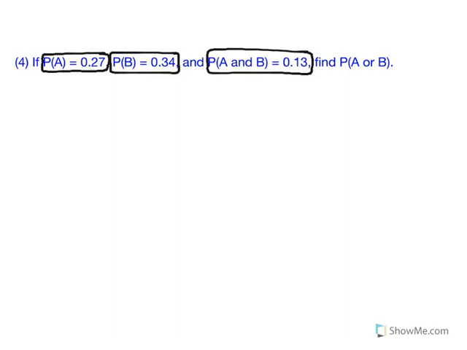So the first part is we are given the probability of A, the probability of B, and the probability of A and B. Notice immediately, probability of A and B is not 0, which means that A and B cannot be mutually exclusive, so they are not mutually exclusive.